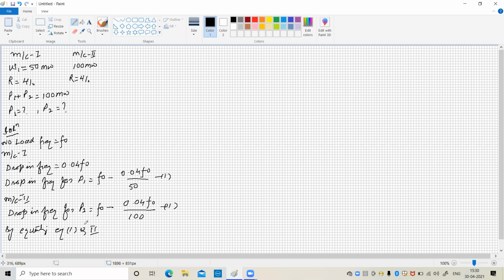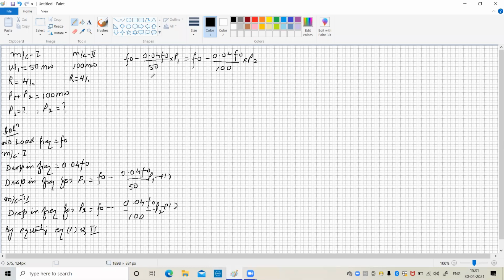So by equating these two equations, F0 minus 0.04 F0 divided by 50 into P1 is equal to F0 minus 0.04 F0 divided by 100 into P2.